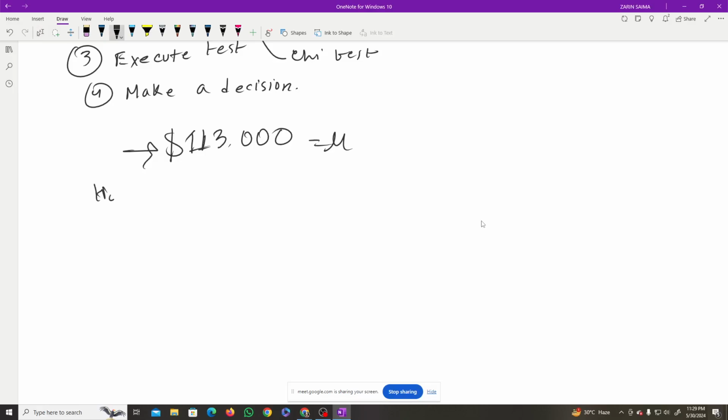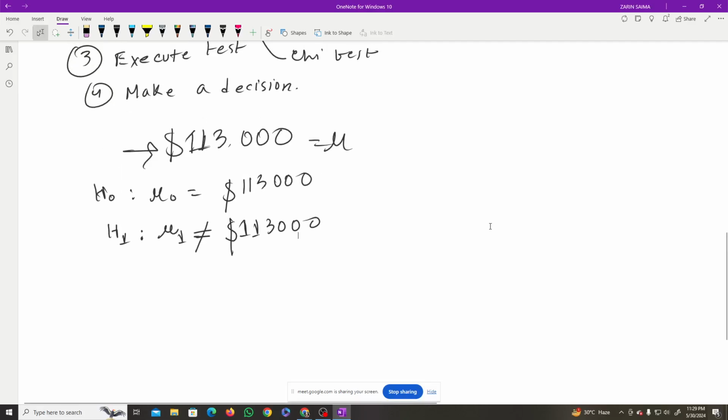The null hypothesis would be the mean is $113,000 and the alternative hypothesis would be that the mean, the average salary, is not $113,000, right?